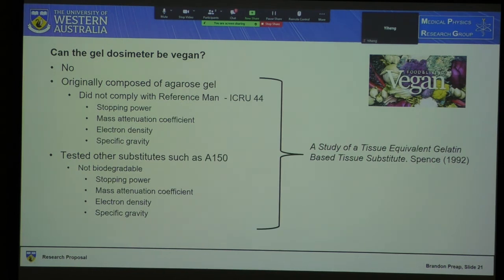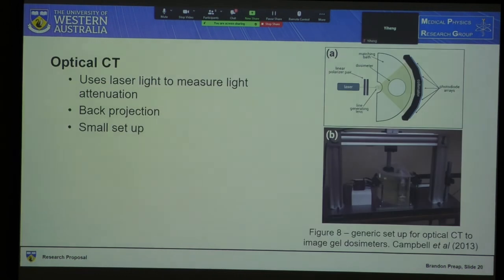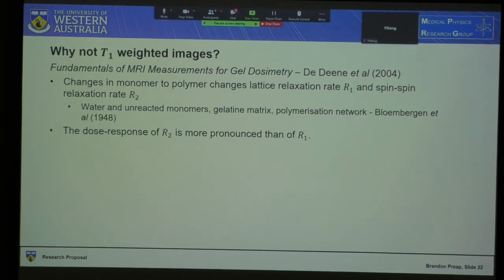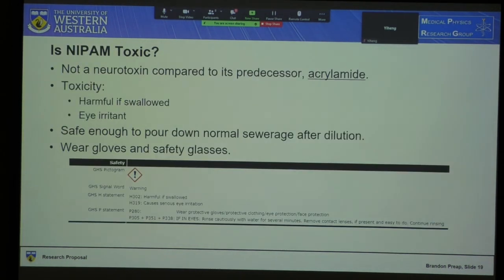Are either of these, BIS or NIPAM, toxic? So basically, what's good about NIPAM, and this also applies to BIS as well, is that it is considered a non-toxic monomer.